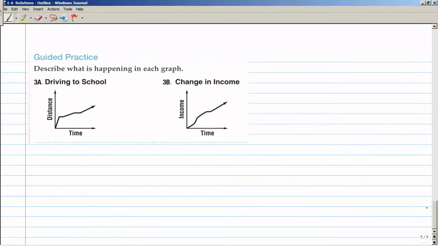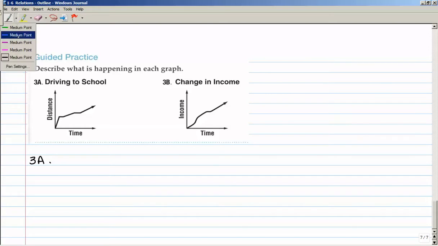And let's take a look at these examples here. Describe what is happening in each graph. These are kind of fun. So we have our, for example number 3 here, this describes driving to school, and here's time on my x-axis. Time is almost always going to be on your x-axis, and then my y-axis is distance. So as my time is increasing, my distance is also increasing. So let's think about what this graph is saying.